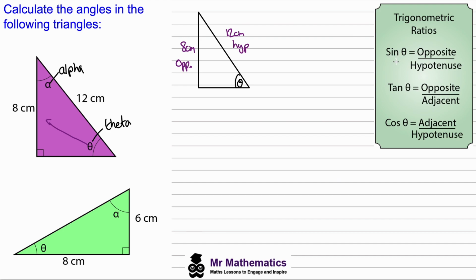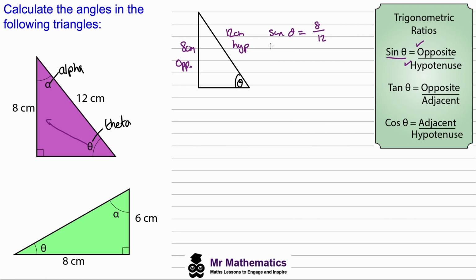You can see that the trigonometric ratio we're going to use is the sine of theta. Depending on which combination of sides we have, we would use one of these three. But in this example, we have the opposite and the hypotenuse, so we're going to use sine. So the sine of the angle theta will be the opposite length, 8 centimeters, divided by the hypotenuse length, 12. Then we can work out theta by applying the opposite of sine to both sides.